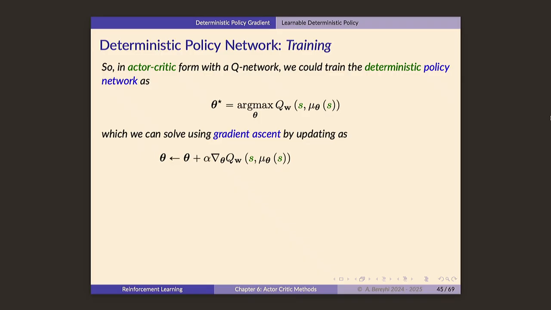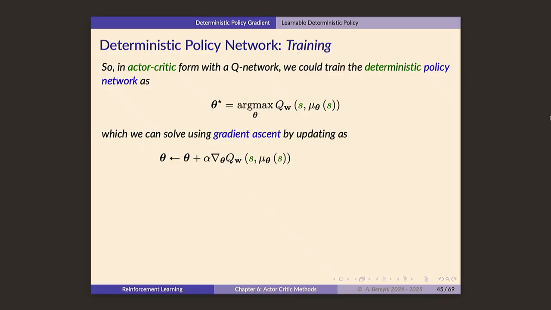With respect to what? Pay attention here. With respect to? I'm doing it with respect to theta. What is theta? Parameters of? Yes, the policy network, exactly, the deterministic policy network.